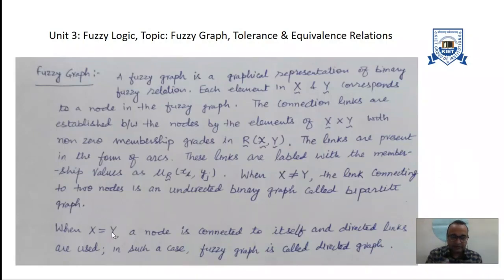And suppose there is another criterion where x and y are the same fuzzy set. In this scenario, if the two fuzzy sets are the same, the elements of the first set are connected to the elements of the same set. In that type of scenario, the fuzzy graph is called a directed graph, right?